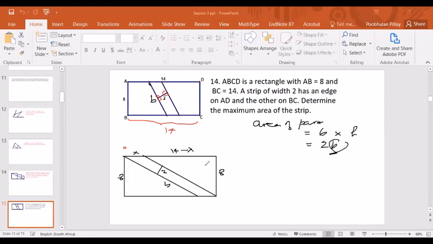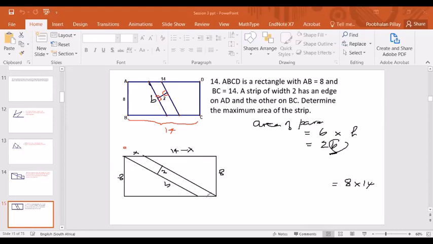Now the rectangle is split into 3 pieces, but we know the area of the whole rectangle. The area of the rectangle is 8 times 14, because we know the length and breadth. Now you can get an equation because that area is a sum of 3 areas.